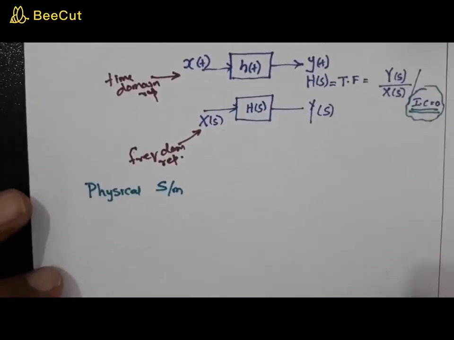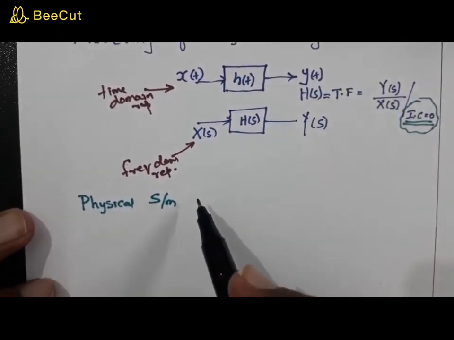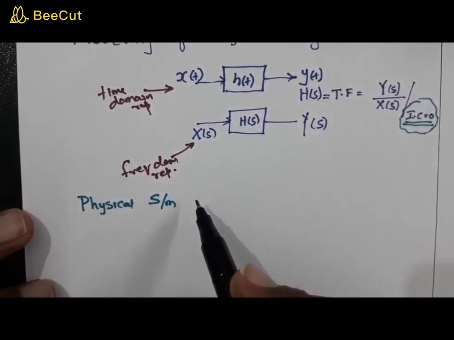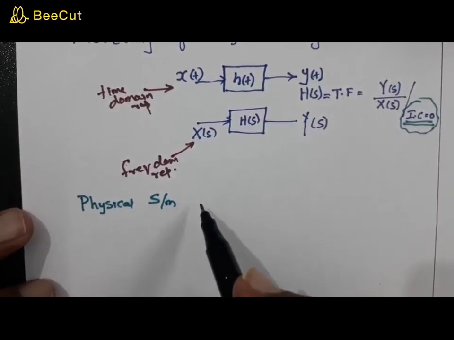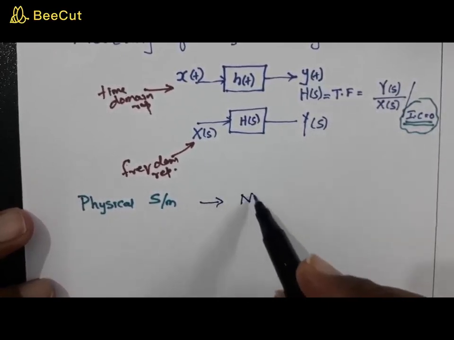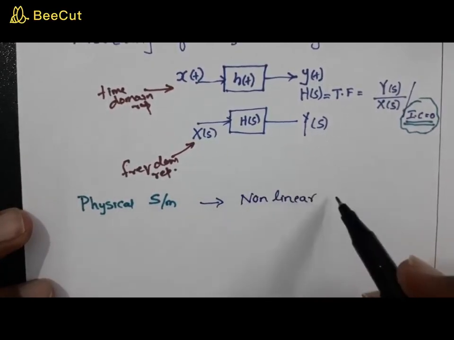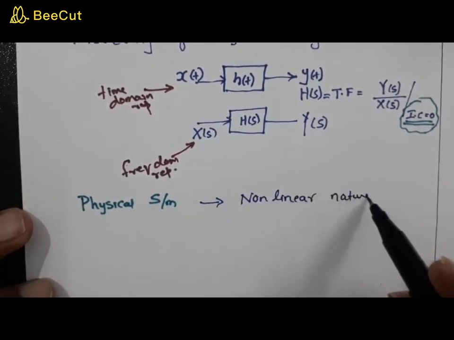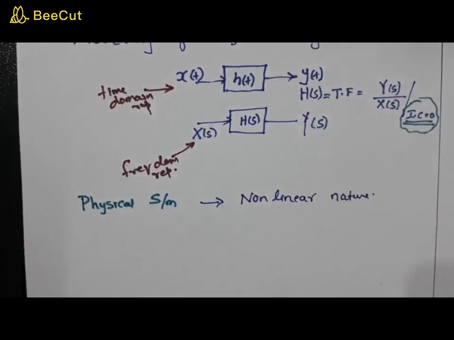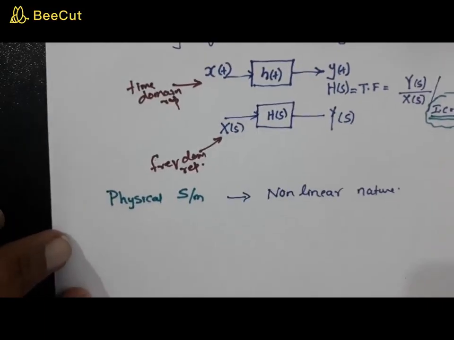Okay, now let's move on to this term, physical system. Physical systems are primarily practical systems, and there are a lot of physical systems which are usually non-linear in nature. Non-linear means the output of that system need not always be in a linear relationship with the input side, because that's a practical system.